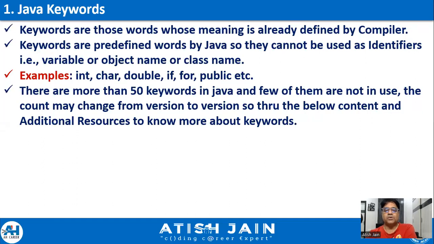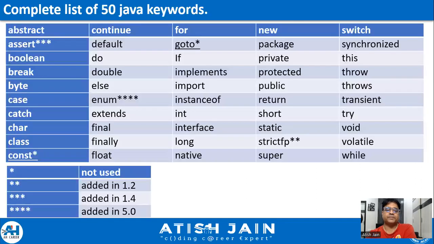A few of them are in use and a few are not in use. As I said, they are deprecated. We cannot conclude that it is exactly 50 only, because as I said, every 6 months the Java versions are getting updated, so the count may change. But as of now, I have given one list. You can see the table here. It is the list of 50 keywords.